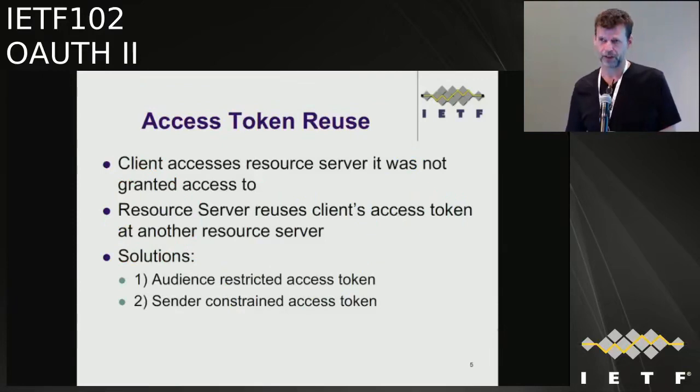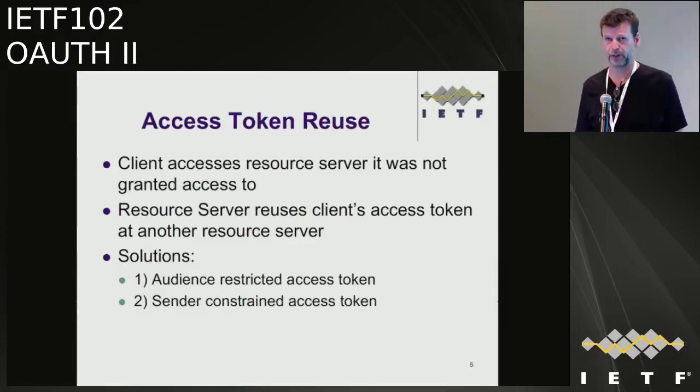One of the issues that comes up when you do this dynamically at runtime is there are more challenges around access token reuse. The client potentially could be using a token to access a resource that it wasn't supposed to.